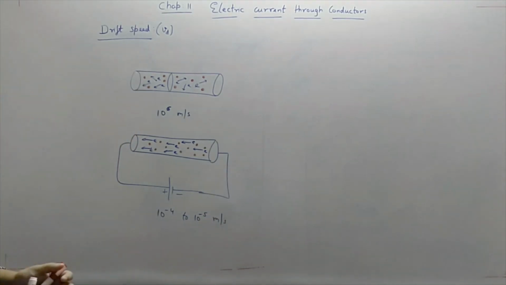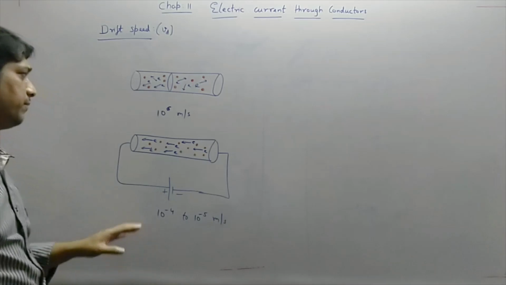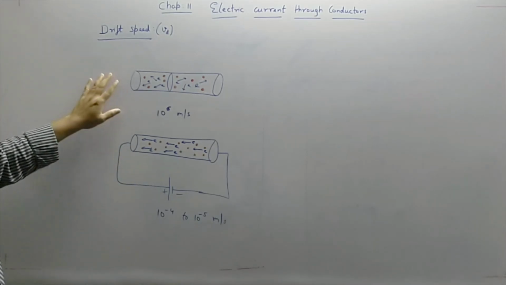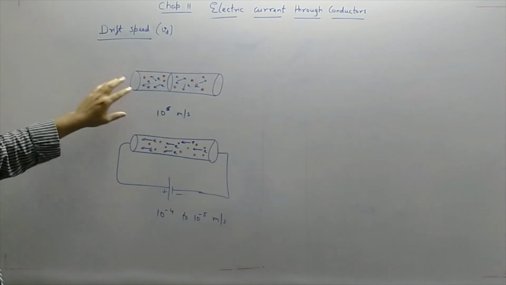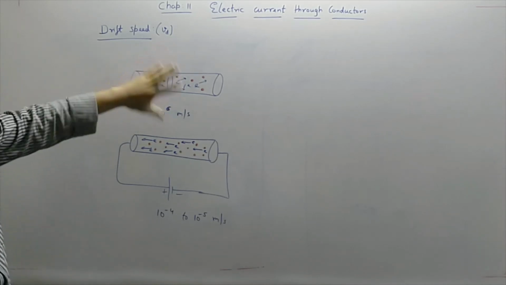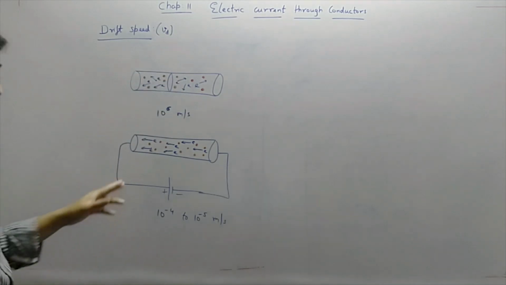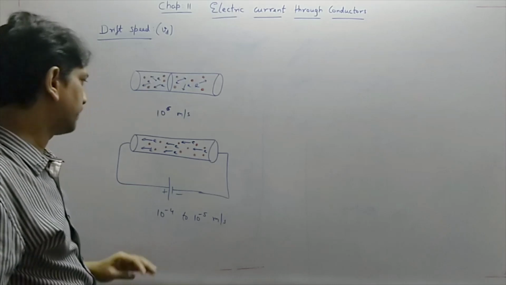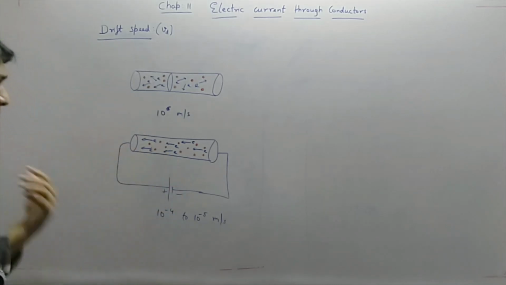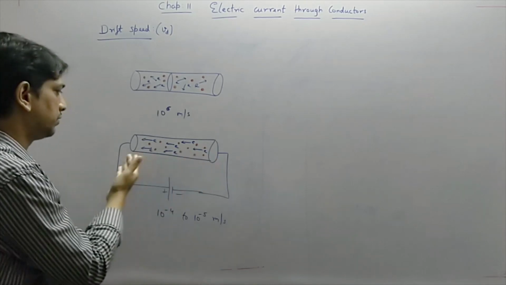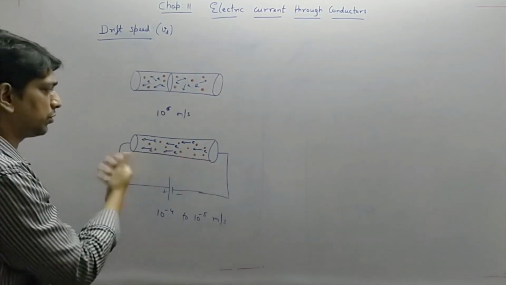When the electric field is not applied initially, there is no current flowing, but electrons are moving in all possible directions. When the electric field is applied with batteries, the electrons start drifting from the negative to the positive terminal, that is, from low potential to high potential.